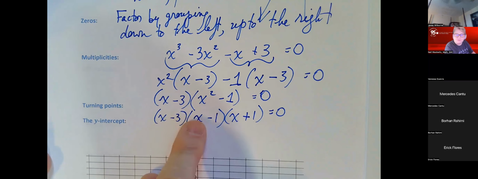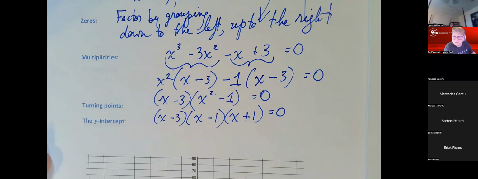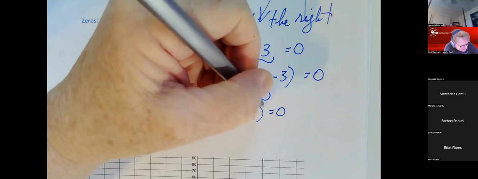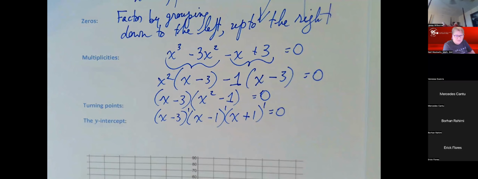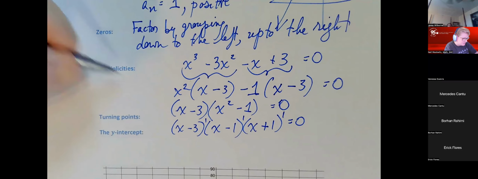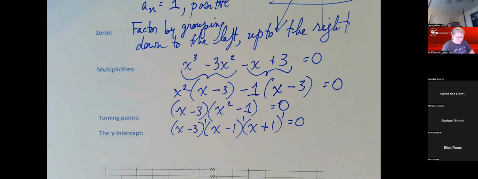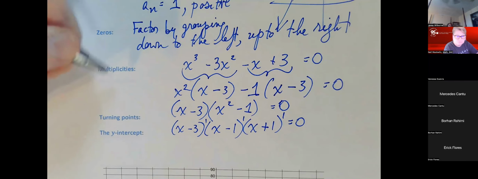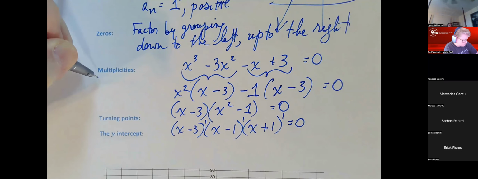What are the exponents on each of these factors? 1. Good. Anytime there's no exponent written, the exponent is 1. So we can write down the zeros and the multiplicities. What is the 0 from x minus 3? 3.